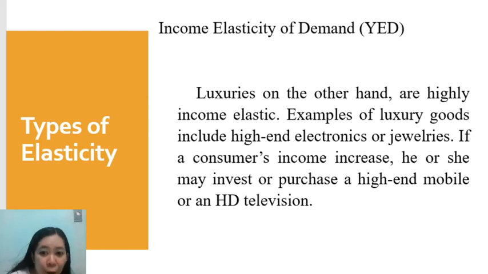Okay, so if the consumer's income increases, they may invest in or purchase a high-end mobile or an HD television. Meaning, if the consumer expects or receives an increase in their income, their standard of living for some will also increase.